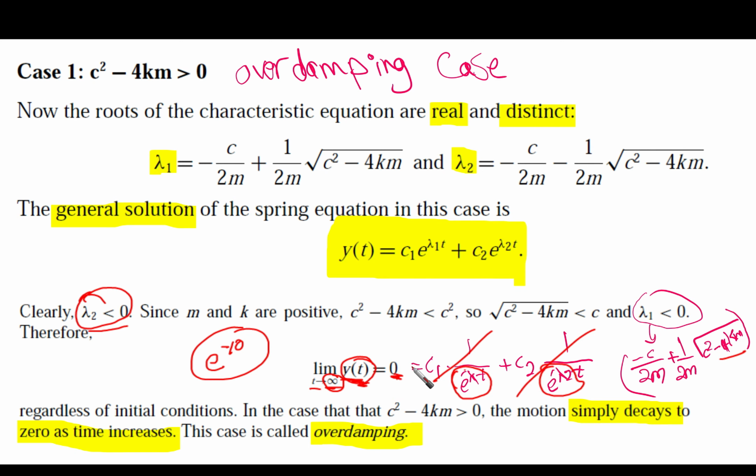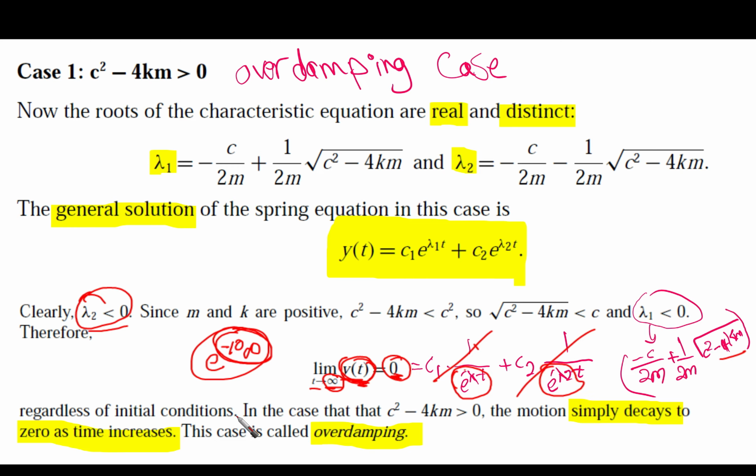So we have t here. If we have something like this, it means that we are having a negative term here. This means that the limit of y of t would equal 0 in this case, right? Because it equals C1 1 over e to lambda 1t plus C2 1 over e to lambda 2t, right? This is our equation.